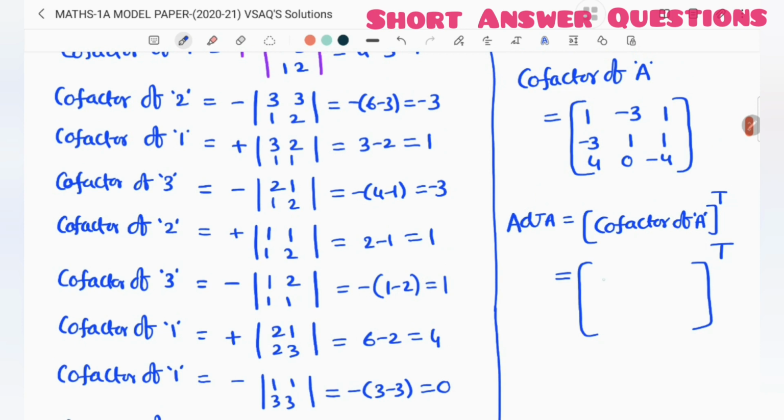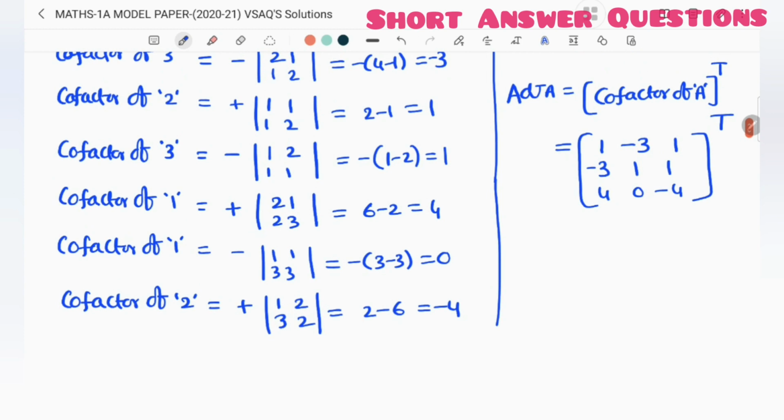Transpose of a matrix means interchanging rows and columns of the given matrix. So for the transpose, the first column will become the first row: 1, minus 3, 4. The second column will become the second row: minus 3, 1, 0. The third column will become the third row: 1, 1, minus 4. This is the adjoint of A.